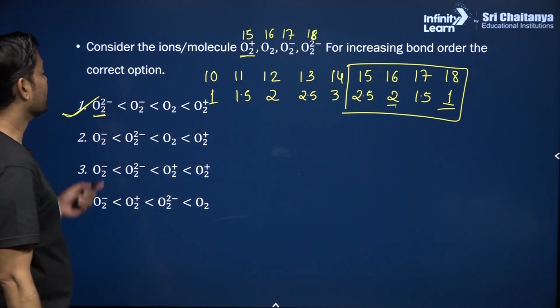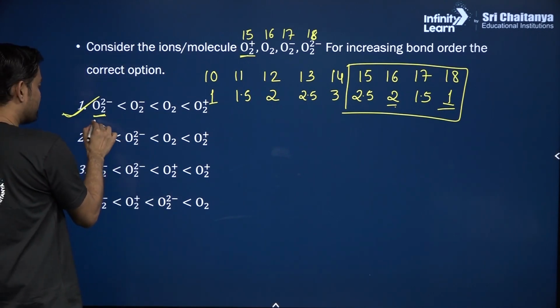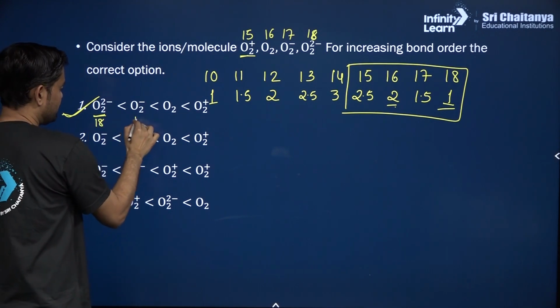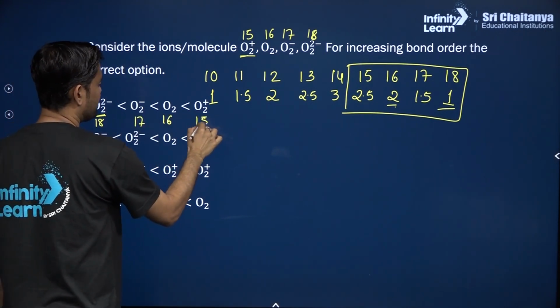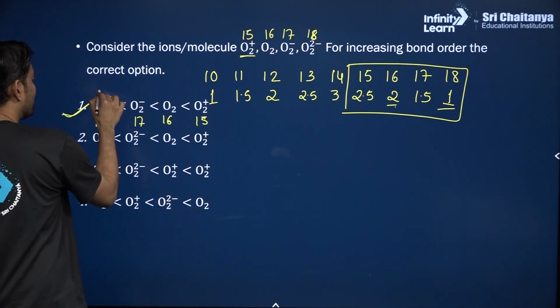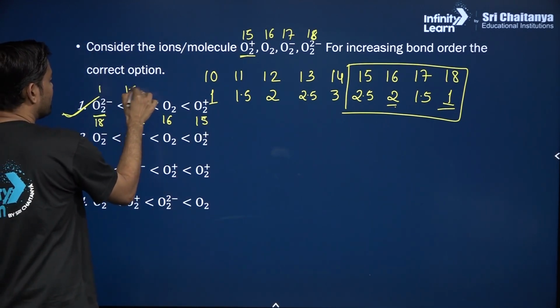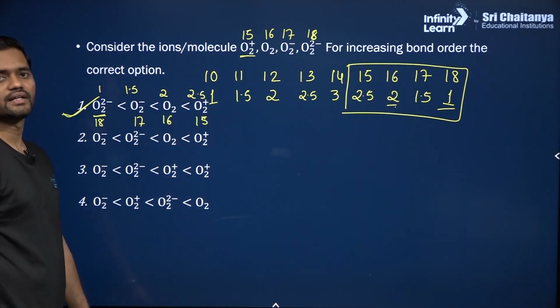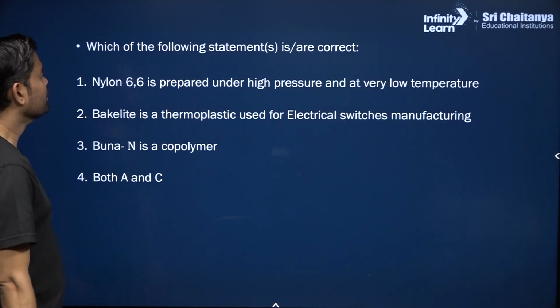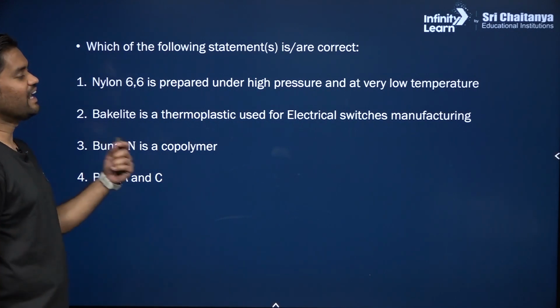Perfect. So again, let me just write the number of electrons: 18, 17, 16 and 15. Their bond order is 1, 1.5, 2, 2.5. Clear? Next, which of the following statement is correct?